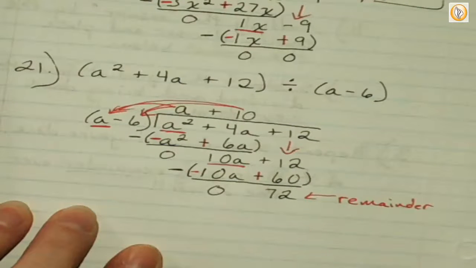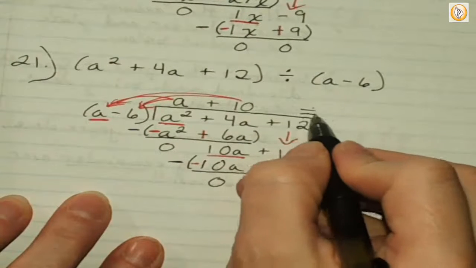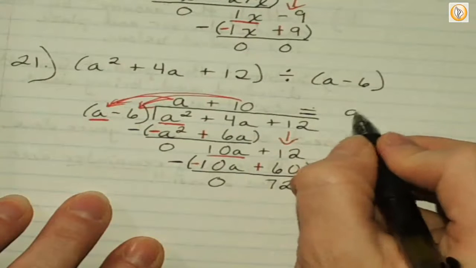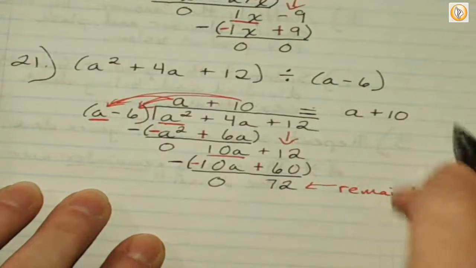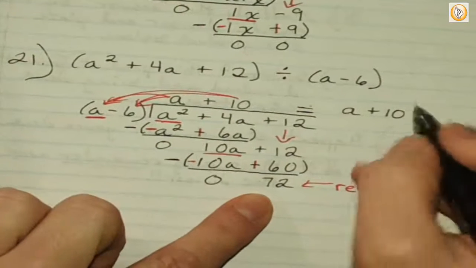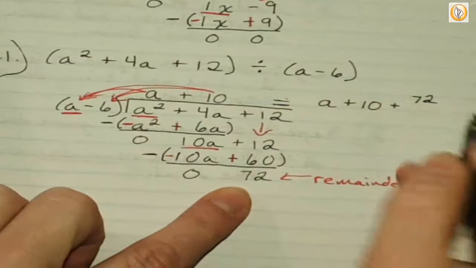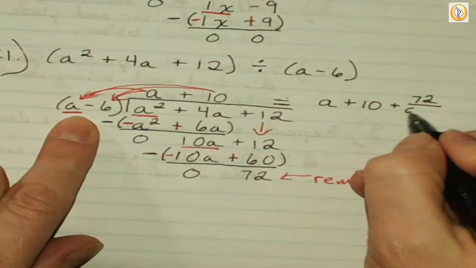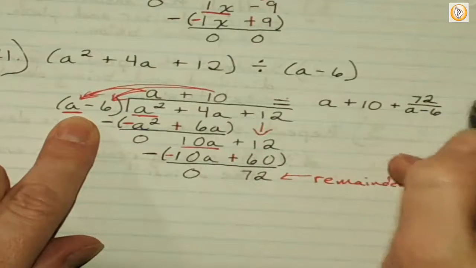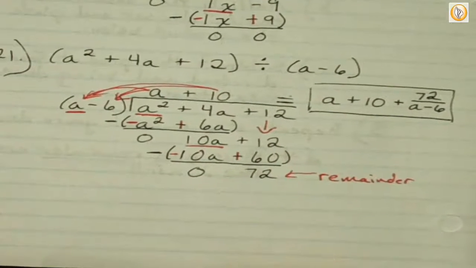So you write your remainder like this. Here's my equal sign. It's going to be a plus 10. That's a positive, so plus 72 over your divisor, a minus 6. That's how the remainders are written.